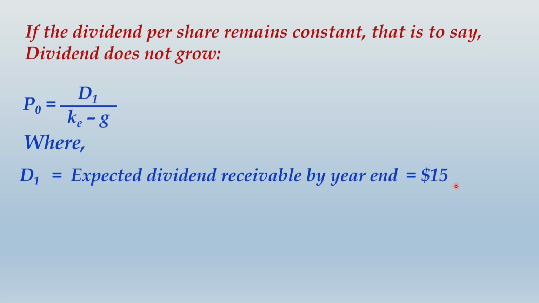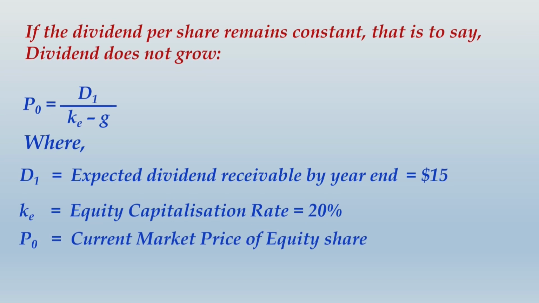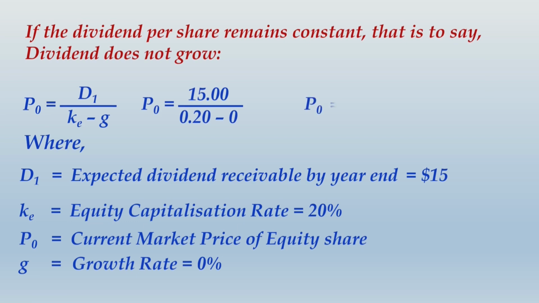So D0 was $15, D1 remains $15. KE will be your equity capitalization rate. P0 is the current market price of the equity share that you want to determine, and growth rate is 0. So when you make the computations, P0 value comes to $75. So write up this whole thing and then I take you ahead.